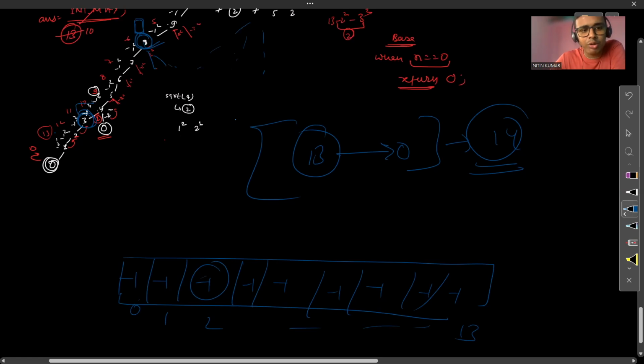When I am returning from 3 to 4, before returning, I will get the minimum possible steps to reach 3, which is 3, and it is being stored here. So this value is now not equal to minus 1.